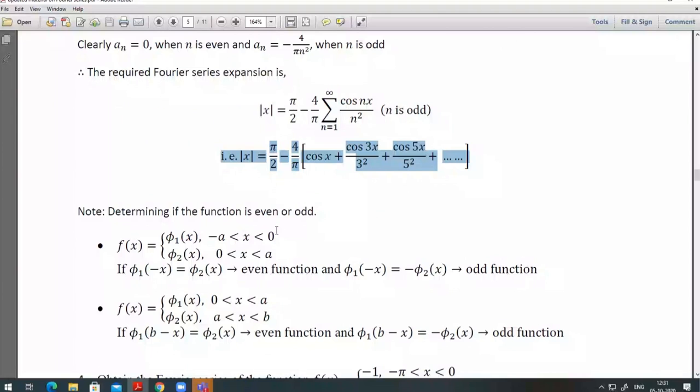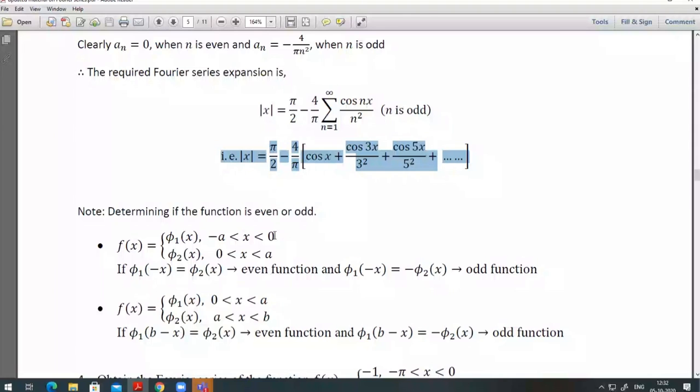If f of x, that is a piecewise function, is defined as phi1 in the interval minus a to 0 and phi2 in the interval 0 to a, to verify whether it is even or odd, obviously if you see the graph of that function you can tell.